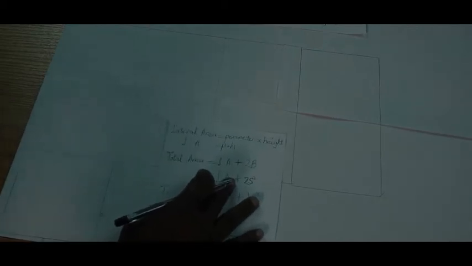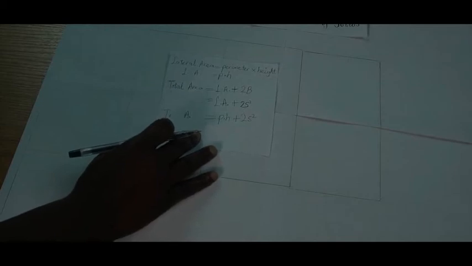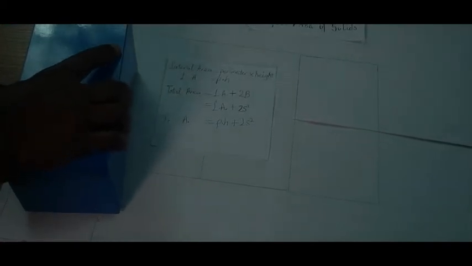So this is our formula to find the total area of our solid, in this case our rectangular prism.